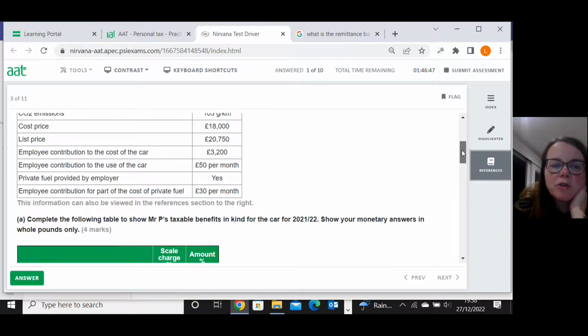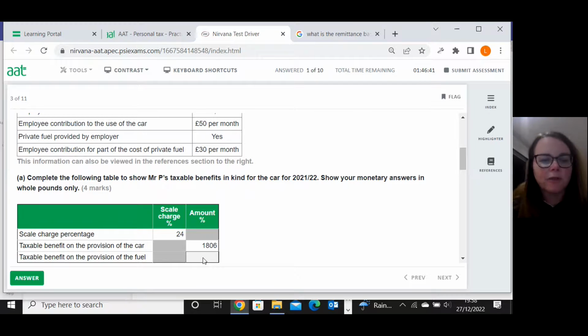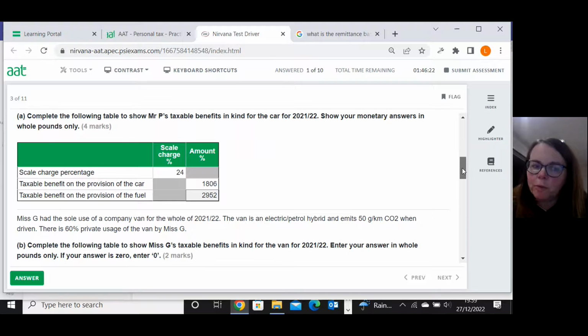And remember, we do not subtract the contribution. So 24% of 24,600 halved gives us 2,952. Incidentally, if the employee contributed in full towards the cost of the fuel, then there would no longer be any benefit for the fuel. So it's all or nothing with the fuel.